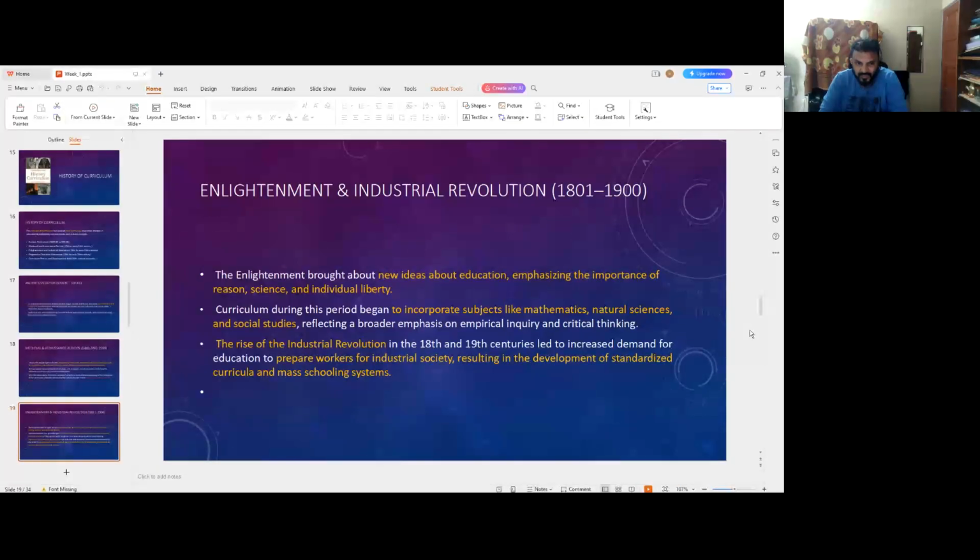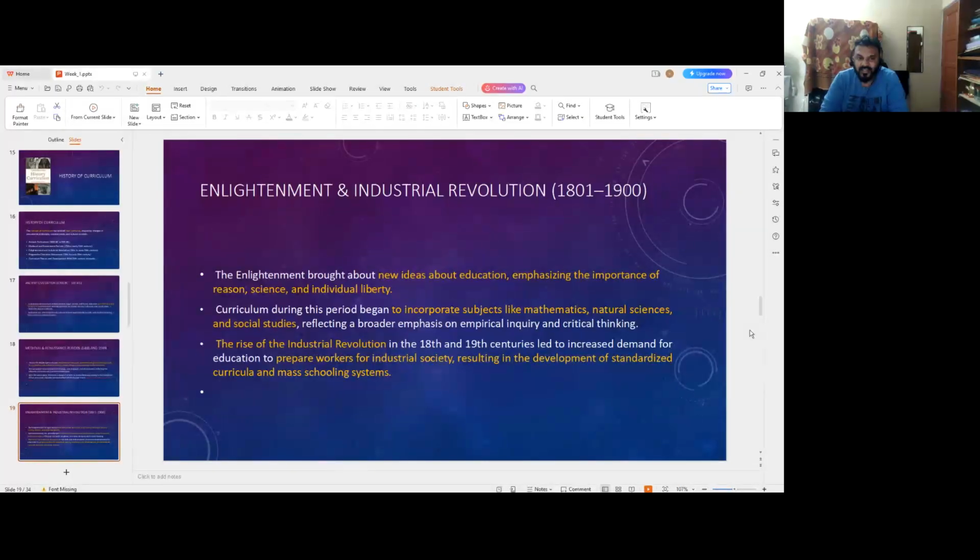In line with that, the curriculum incorporated subjects like mathematics, natural sciences, and societal studies, which emphasized empirical and critical thinking.